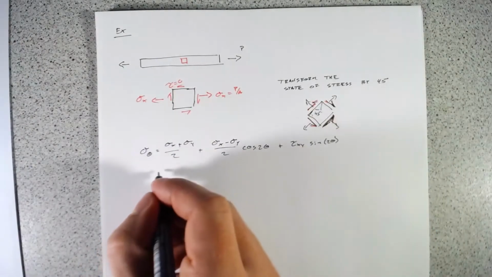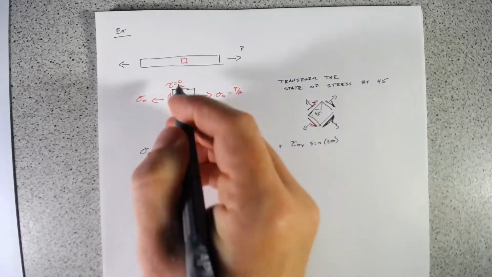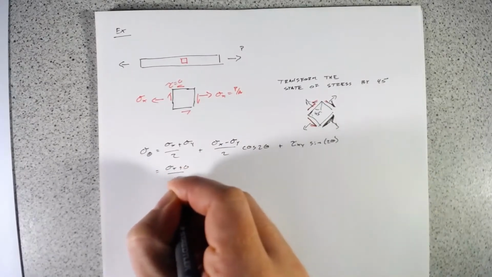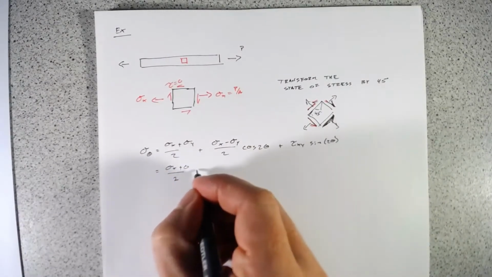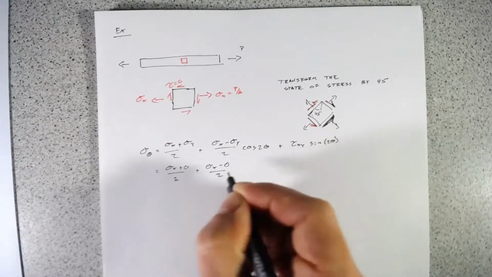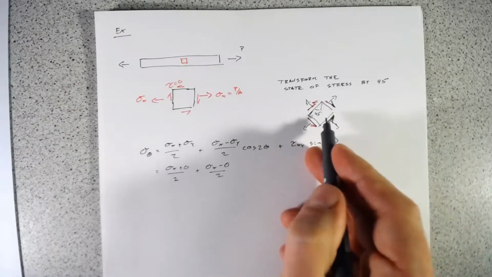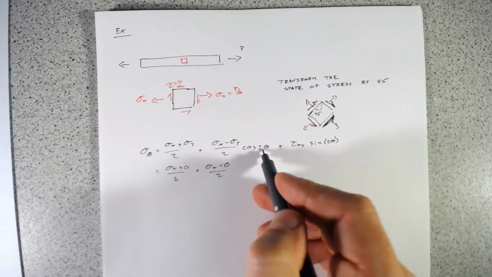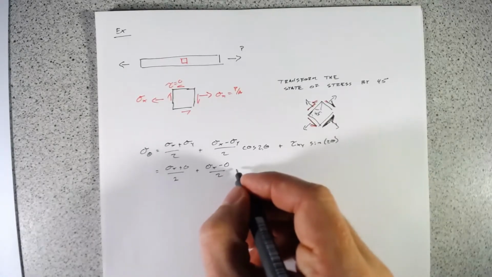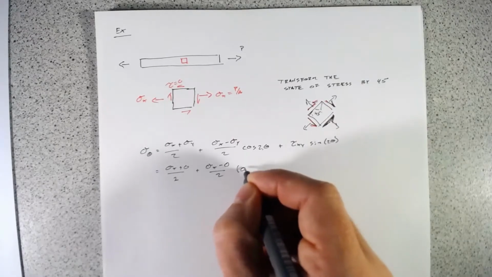Then if we plug stuff in, we're going to equal sigma x. There's no stress in the y, so that's plus 0 divided by 2, plus sigma x minus 0 over 2. Cosine of 2 times 45 is cosine of 90, so that's times 0.